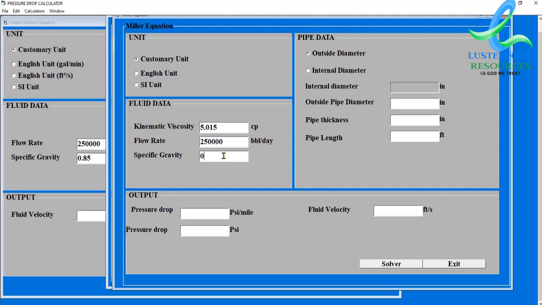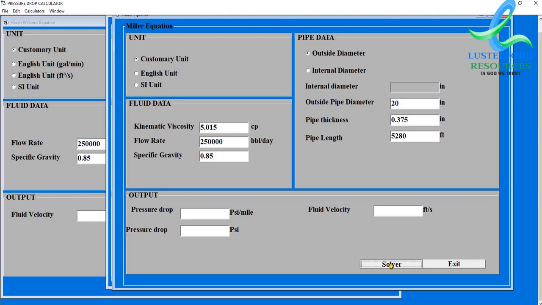This is 0.85 specific gravity. The outside diameter is 20. The pipe thickness is 0.375. Let's say the pipe length is 5,280.